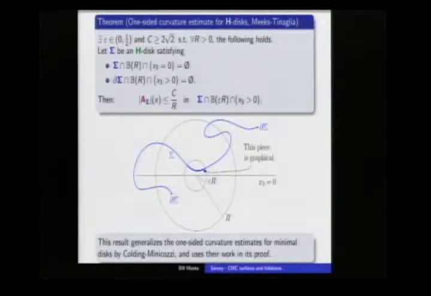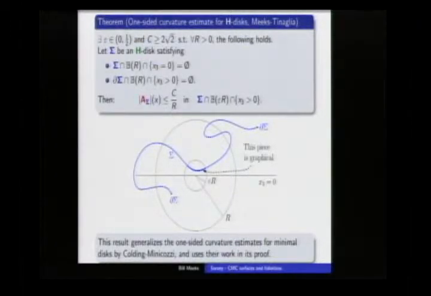Okay, so I mentioned the one-sided curvature estimate for H disks. That's this picture. So we have an H disk, and I want to think of it as a big H disk. So it goes near the origin, and it's relatively curved. The norm of the second fundamental form is large there. It lives in a half space, at least inside this ball here.